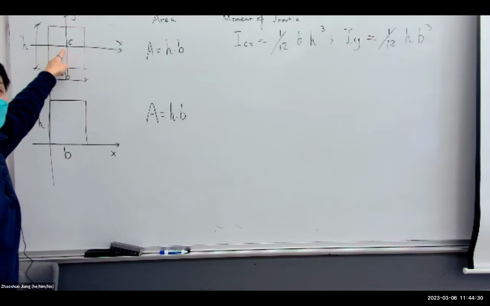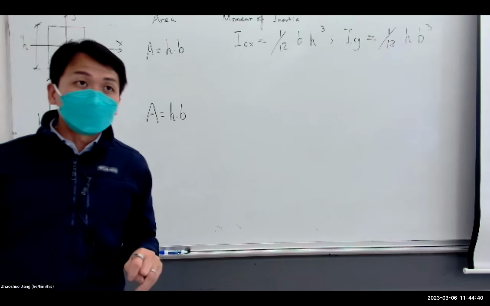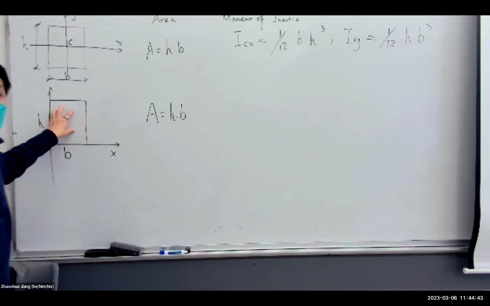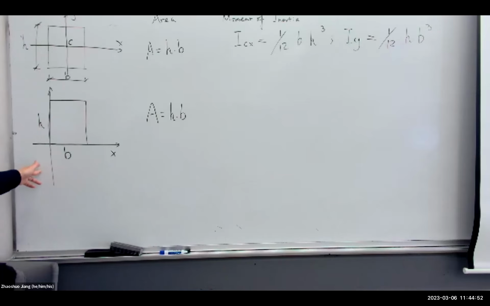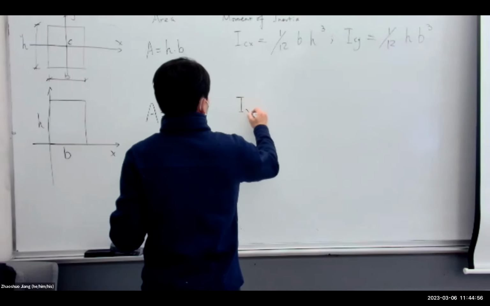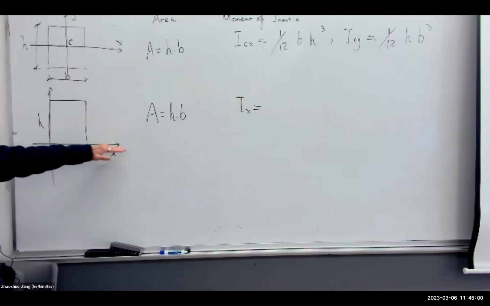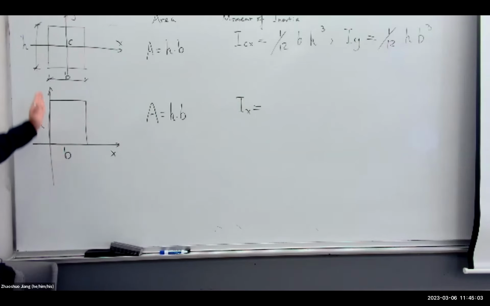We call the moment of inertia is always to one axis. What if I would like to take the moment of inertia for the same cross section, but to an axis passing through its base and the height? Meaning that, what if I would like to know what is the IX, the moment of inertia to this axis, and the moment of inertia to this axis, right?